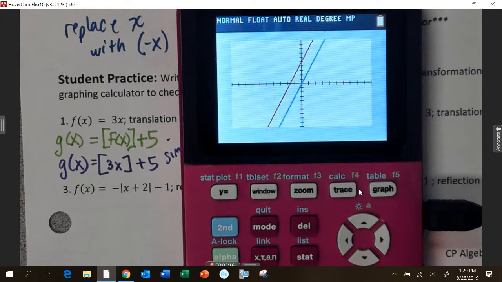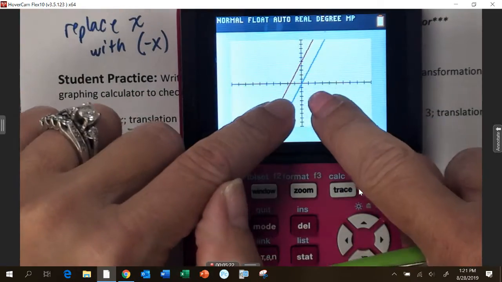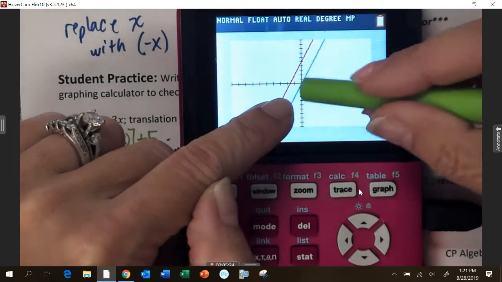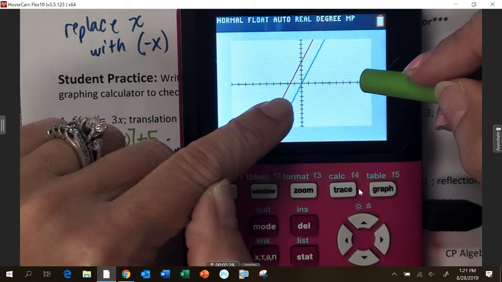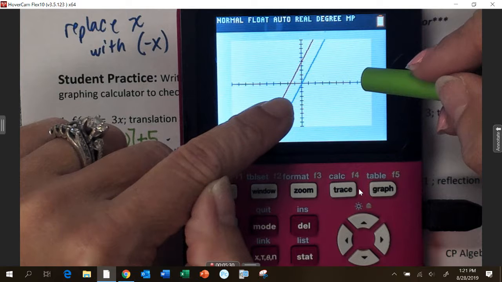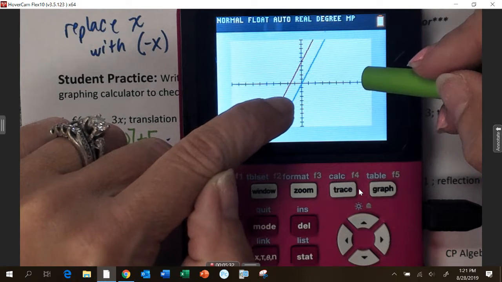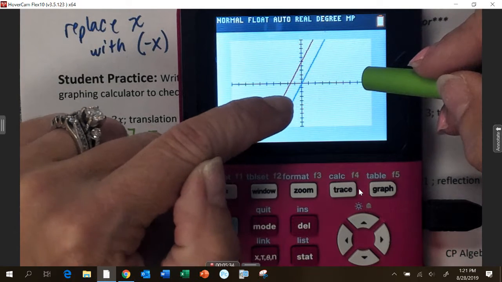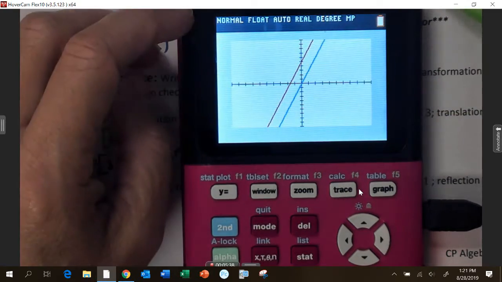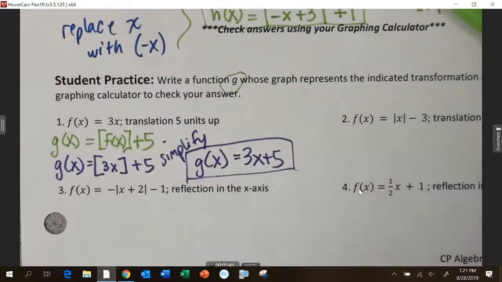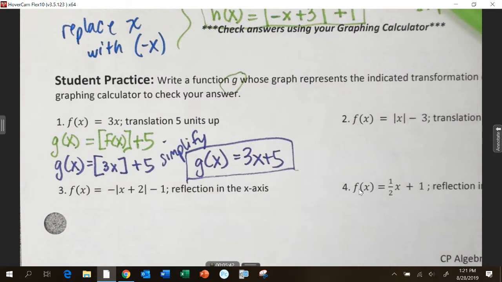So Zoom 6 is a good way of fixing your window if it gets messed up. And another thing about my window, if you're not sure what your window is, if I make tick marks, do you know what I'm counting by? Do you know what my scale is? It could be 1, and hopefully it is. But I'm going to change it up, and you tell me what I'm counting by.